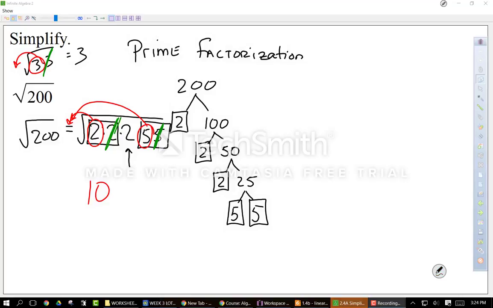So 10. Then I have the root that's left. What number is not circled or crossed out inside? Well, it's this 2 that I talked about, so it has to go inside the root. It didn't have any friends. Think about it that way. It didn't have any friends, so it can't go outside and play. It has to stay inside.